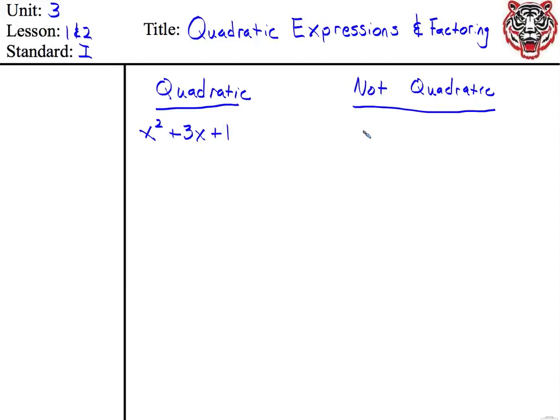Let me give you a not quadratic: x plus 1. Let me give you a quadratic: negative x squared. Let me give you a not quadratic: x cubed plus x squared minus x plus 3.